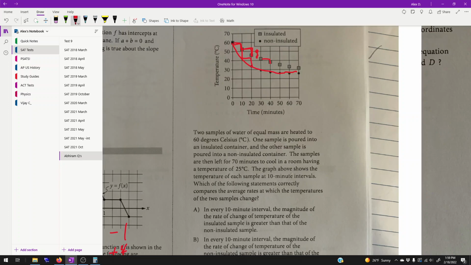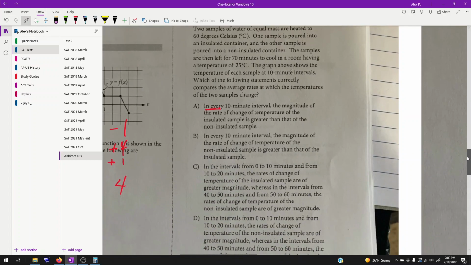And it's not true necessarily that in every 10-minute interval the magnitude of the insulated is greater than, because if we compare the tail end here, this one doesn't change very much, probably because it's reached room temperature, whereas this one is continuing to decrease. So it's not true at every point. It's true at the beginning, but not towards the end. So I'm not going to pick A just yet. It may still be A.